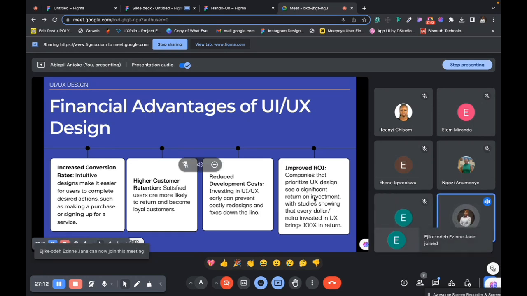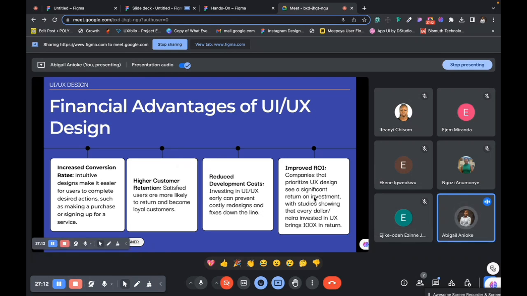It further improves ROI. Companies that prioritize their UX design see significant return on investment, because imagine you have a friend who in the morning calls to check up on you, in the afternoon checks up on you, genuinely, not because the person wants to get something in return.